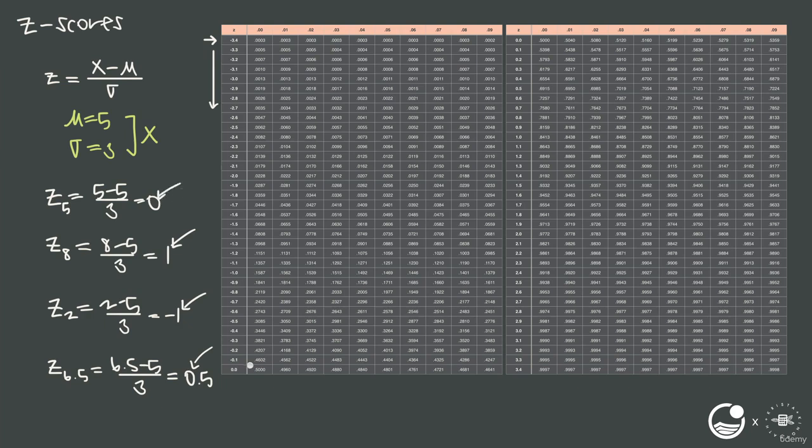We saw that here. And we see that this z-score of 0 is giving us exactly 0.5. And that's because 50% of the area under the curve of the normal distribution is to the left of this z-score. And we'll talk more about that in a second.